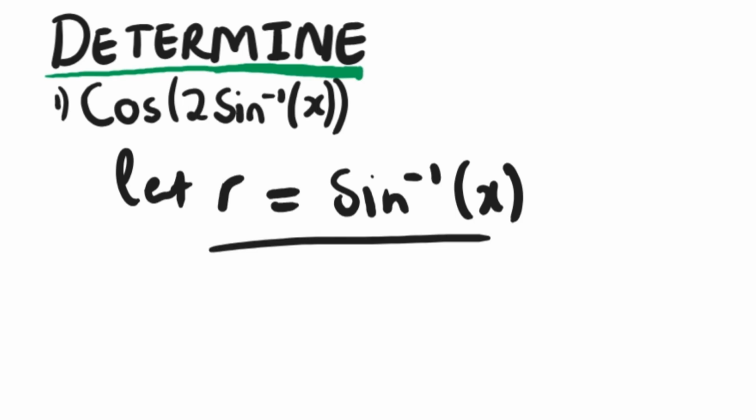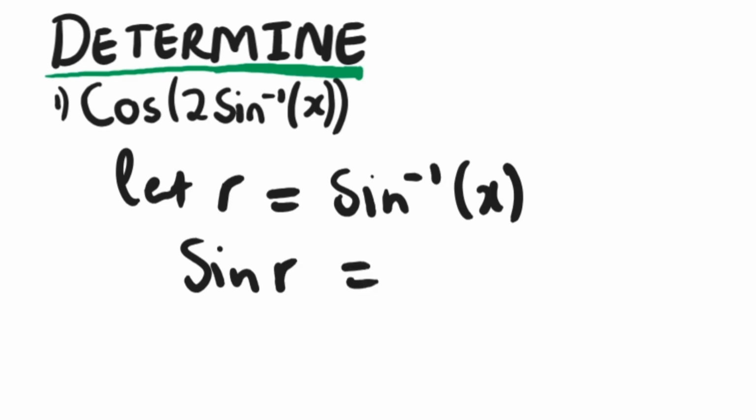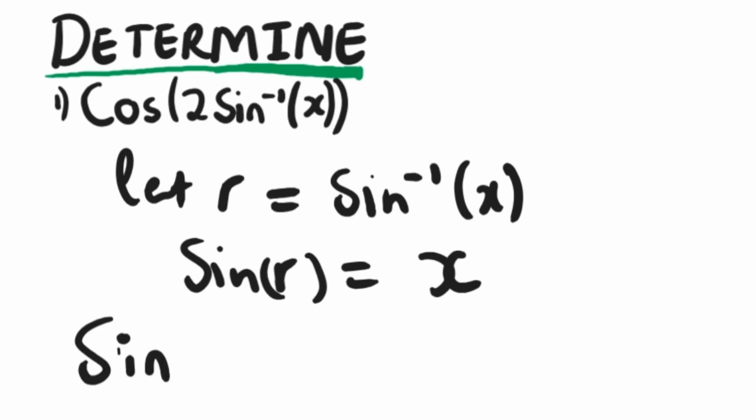From this equation, what is the value of x? The value of x is sine r. That will be your value of x. Why? When you have sine of an angle, let's say the angle is p, let it be equal to 0.5, 1 over 2.